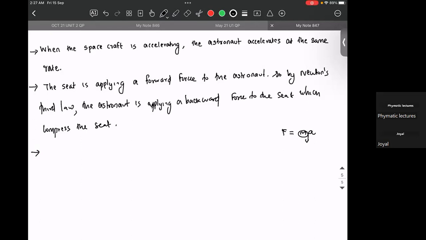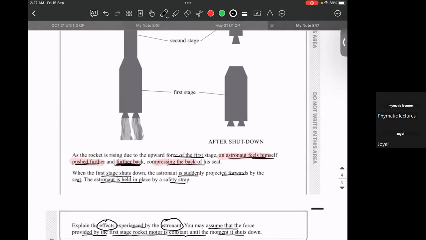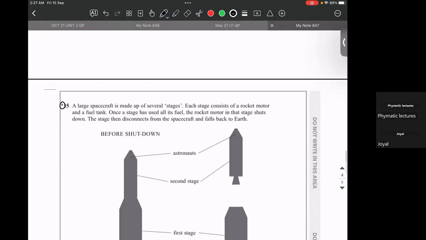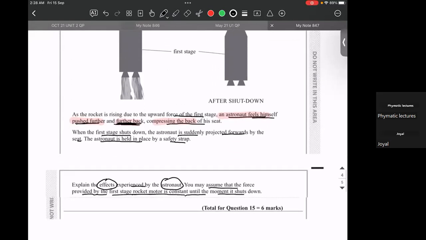If he has not fastened his belt, what happens? That will definitely cause harm to this astronaut, right?